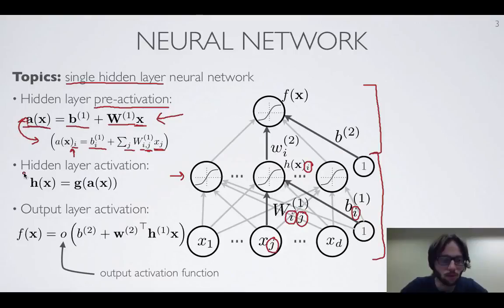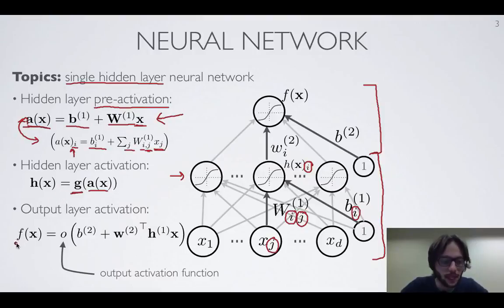Then to compute the hidden layer activation, we simply apply our activation function over all the elements in the vector. So here in my notation, I'm assuming we're doing an element-wise application of the activation function g that we've chosen, either the sigmoid or the tanh or rectified linear and so on.